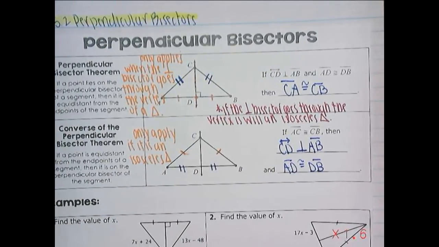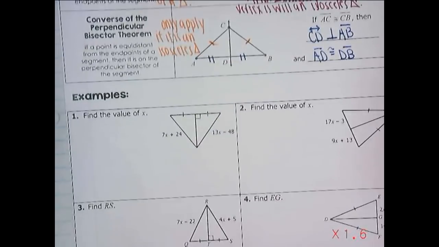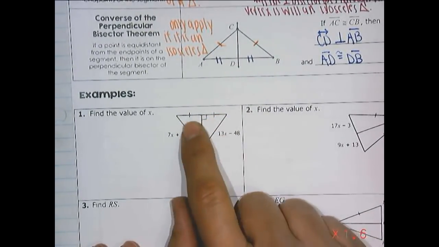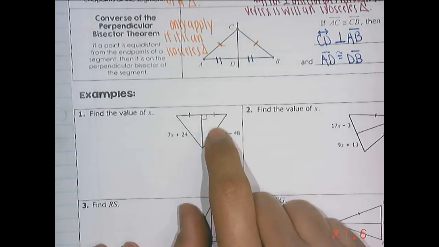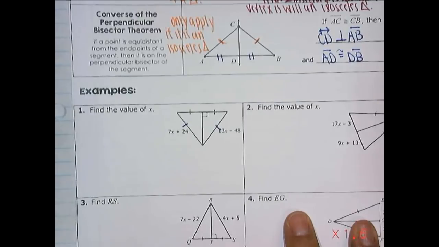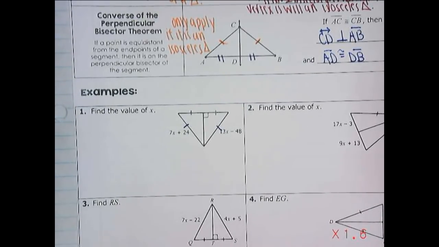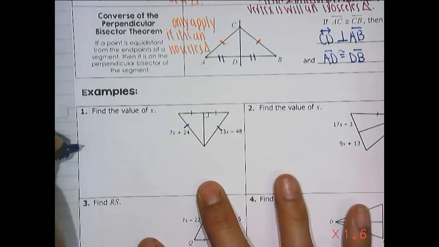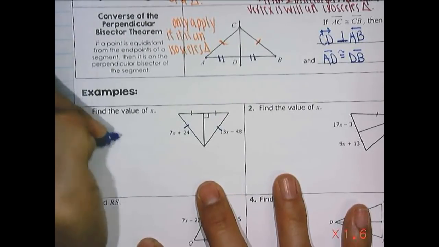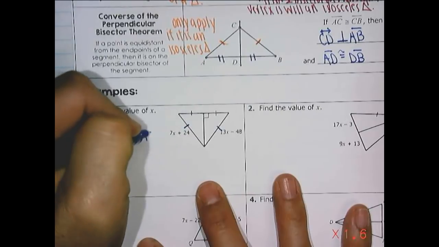All right, so let's go ahead. We see that it's a perpendicular bisector, and we see that these two sides are congruent, which means that this is definitely an isosceles triangle. So if we want to solve for x, we're going to set them equal: 7x plus 24 equals 13x minus 48.